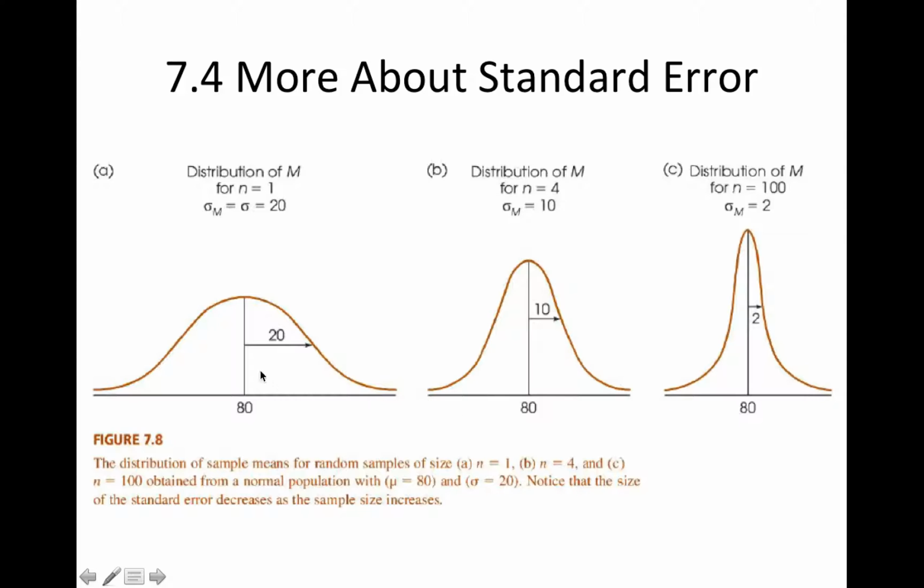Whereas if I looked at a cholesterol level of 60 compared to this distribution, it doesn't look like that big of a difference. So increasing sample size helps us really clarify whether there's a difference between a sample that we've taken and a hypothetical population that it may have come from.